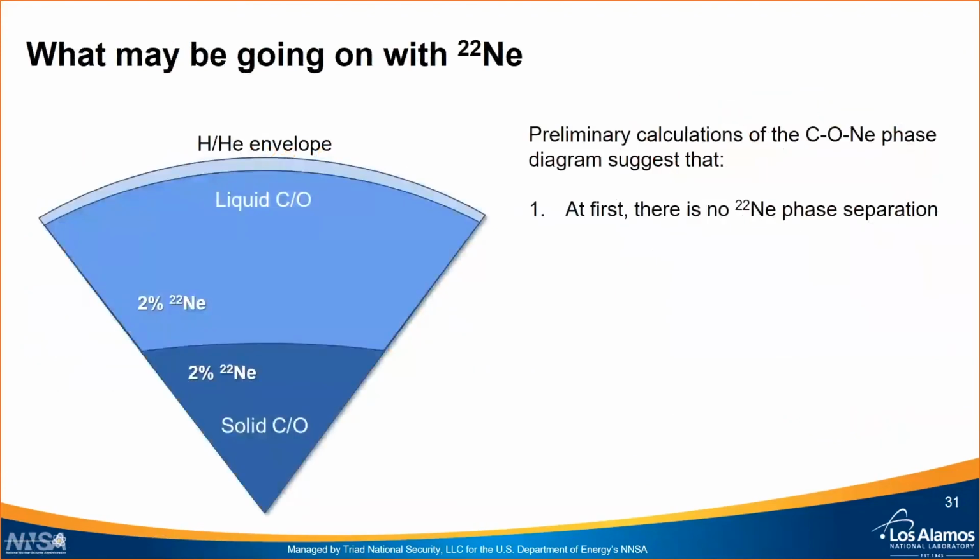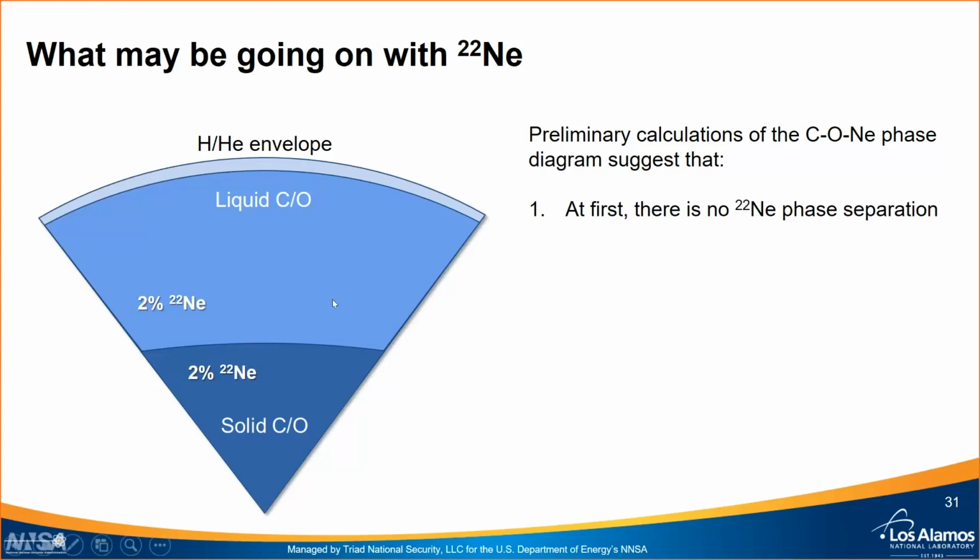So to know if neon 22 phase separates in white dwarf cores, we need to know the shape of the carbon-oxygen-neon phase diagram, so the ternary 3-component phase diagram. This is something on which we're working right now, but we already have preliminary calculations that indicate that yes, there is a phase separation of neon 22, and that this phase separation operates quite differently from what we had with oxygen 16.